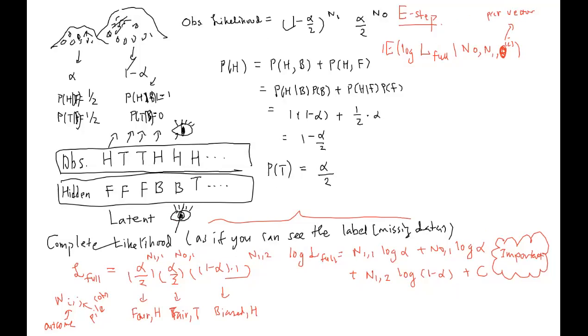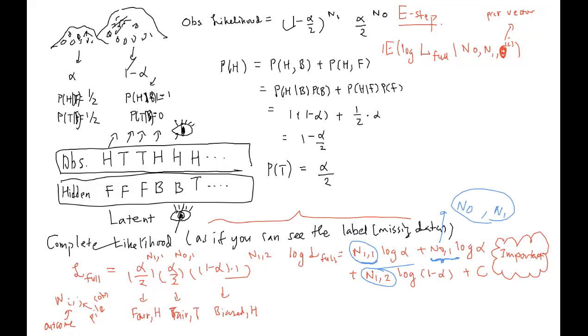You have to find out which of these things is a random variable. This part here is a random variable. This part here is also a random variable. And this part here is not a random variable, it's just a constant, because there's only one possibility. You have N0 and N1, which are the incomplete data.